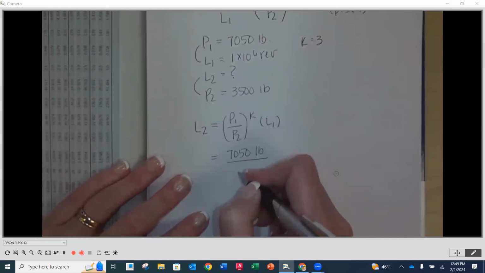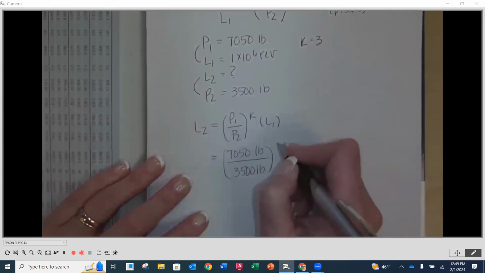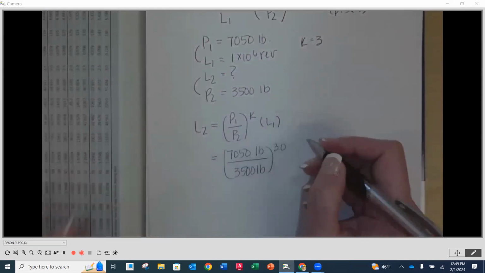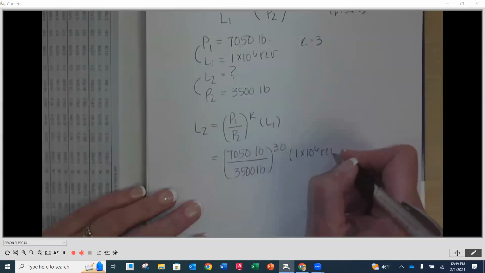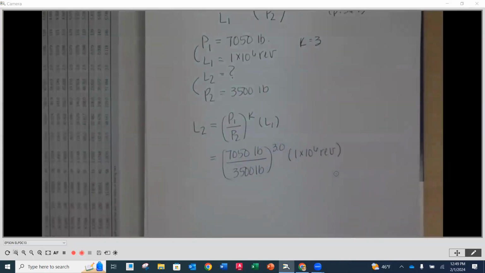Remember to put your units in all phases of the problem. I forgot my calculator.